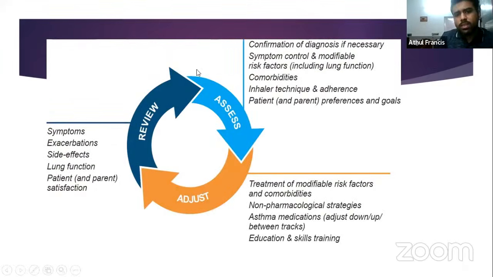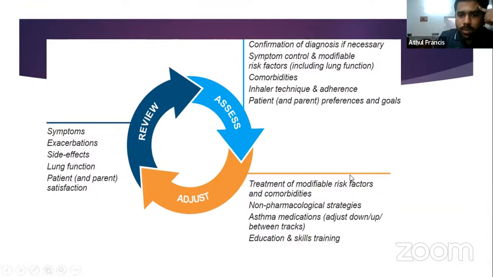So this is one graph which you should always keep in mind. Whenever you are diagnosing a case of asthma, as I told, you have to assess every 2 to 3 months. Confirmation of the diagnosis: if the patient is not getting control, whether he has some other disease; symptom control and modifiable risk factors, comorbidities; inhaler technique, which is the most important according to me, whether his inhaler technique and adherence are proper; and patient preference and goals.